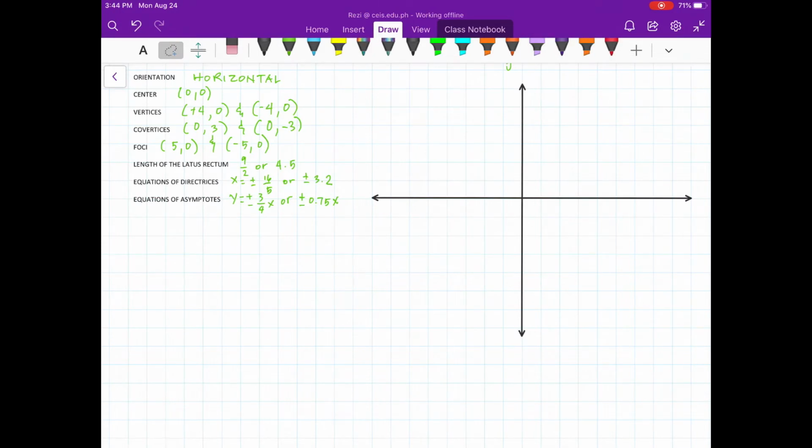Now let's graph this. 4.5 divided by 2 is 2.25. 2 points to the upper part of the foci, and the lower part of the foci.